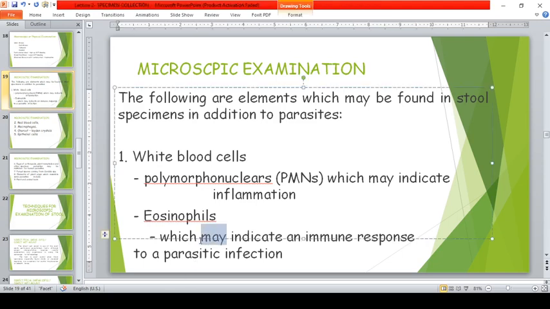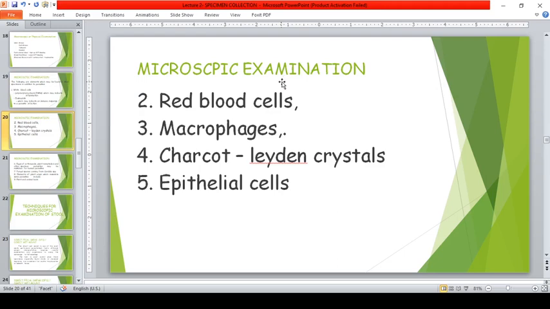Possible na it indicates parasitic infection. Red blood cells may indicate ulceration or bleeding. For macrophages, their presence in stool may indicate parasitic infection or bacterial infection.